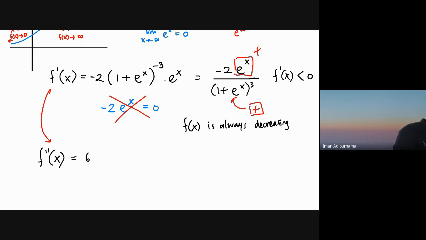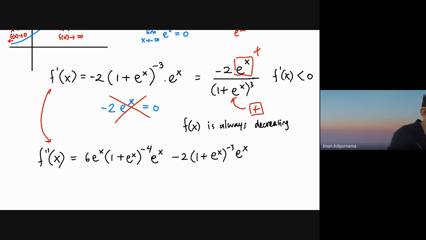So 6, this will be e to the x, and 1 plus e to the x, and then minus 4, and then multiply with e to the x, plus, or maybe minus 2, 1 plus e to the x, maybe 3 e to the x.